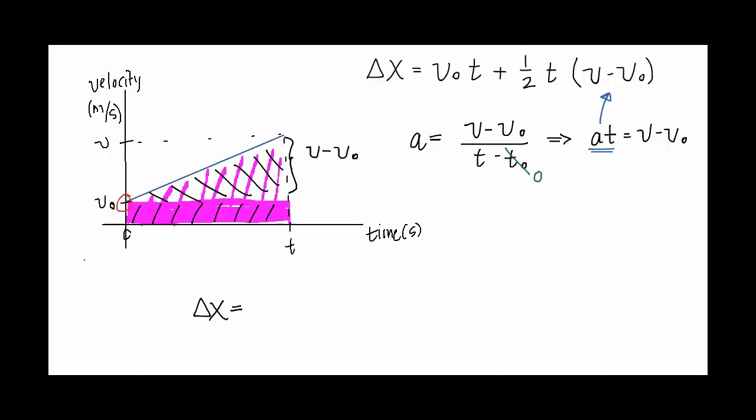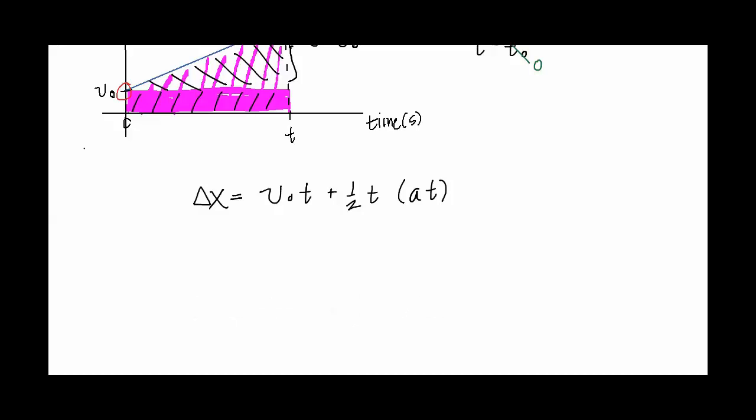So then we'll get delta x equals v naught t plus 1/2 t times at. And t times at is at squared. So this is our second kinematics equation.